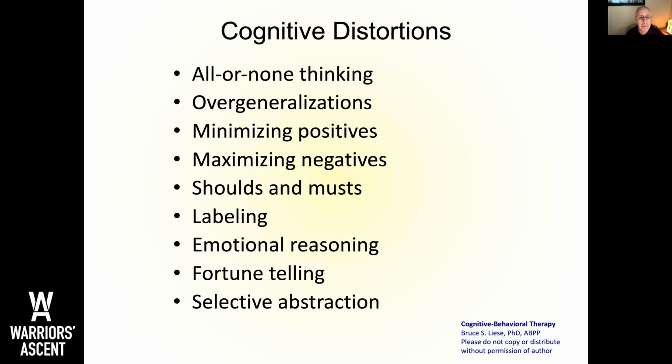Finally, selective abstraction is when something happens in your world and you draw some conclusion that may be not only irrelevant, but also self-defeating. Like selective abstraction might be if you got a speeding ticket and you thought that everybody was after you.